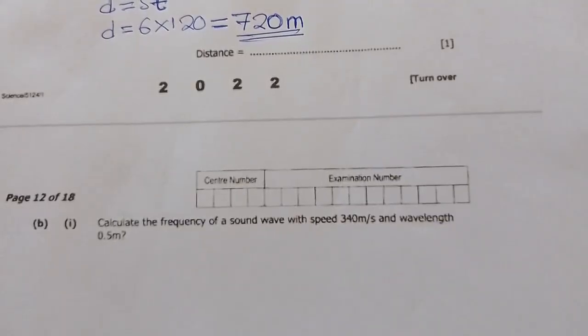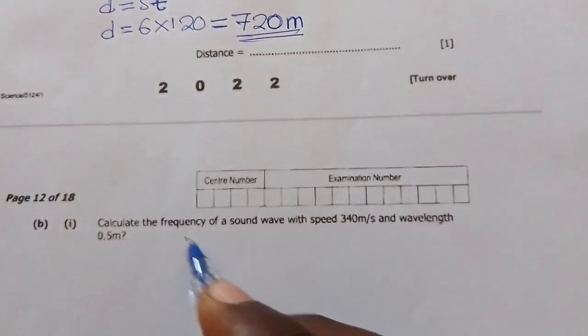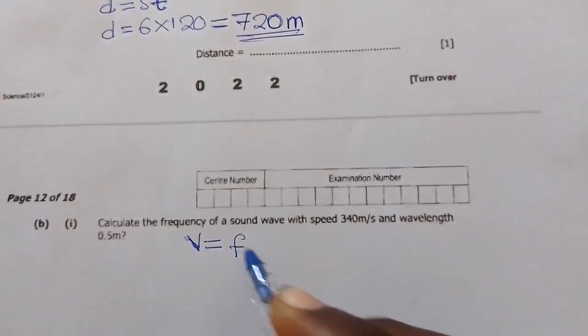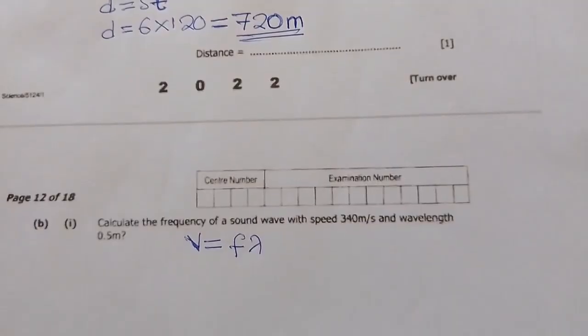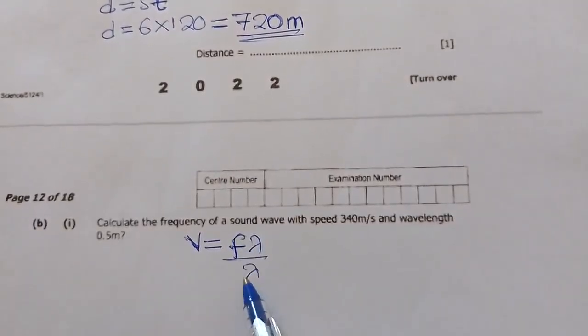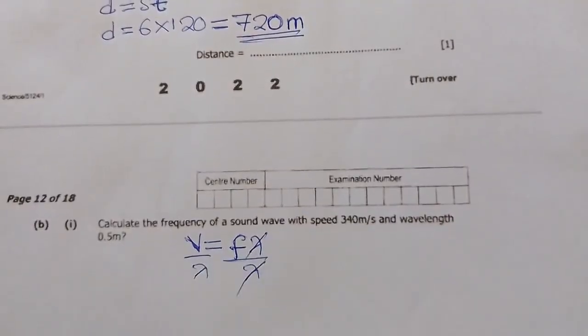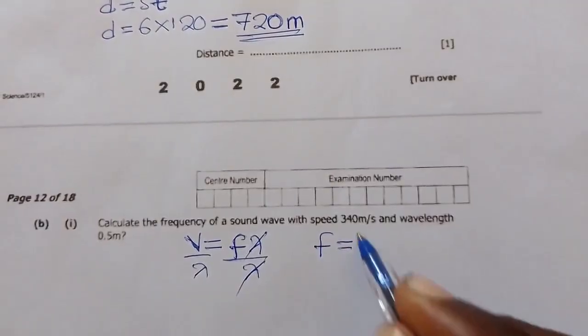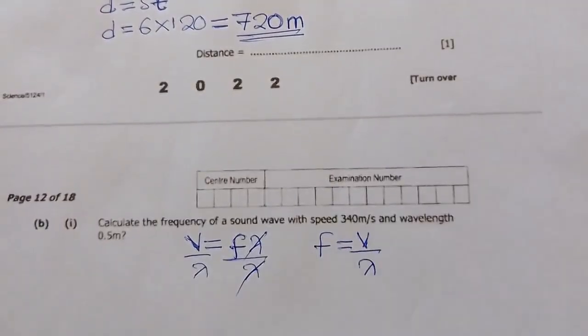We only have one formula under waves that summarizes everything: velocity is equal to frequency times wavelength. When we want to calculate frequency, we divide both sides by wavelength, such that these two cancel out. Then frequency is equal to velocity over wavelength.